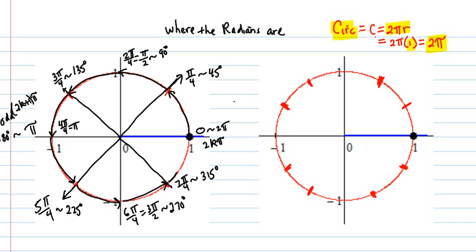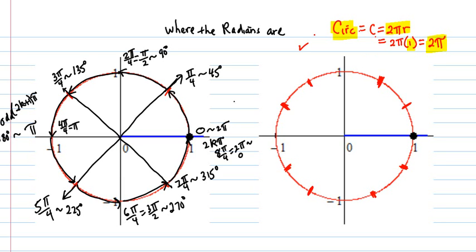And then the full circle, that's 8 pi over 4, which is 2 pi, which is coterminal back to 0. So that is the fourths, along with the 0, 180 degrees, 90 degrees, 270.